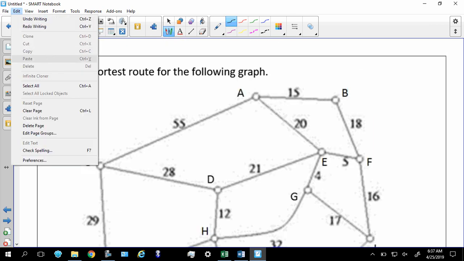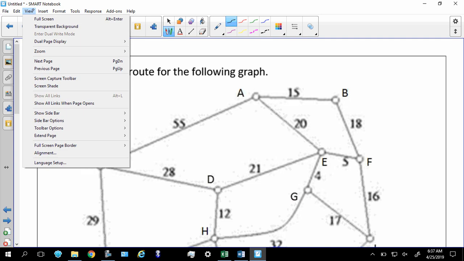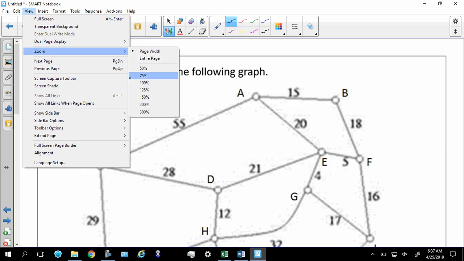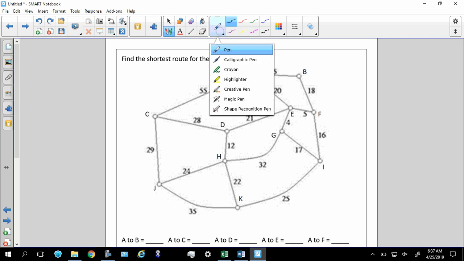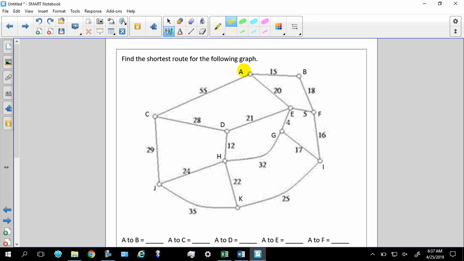The shortest route. All right, I've got to zoom out on this one. All right, so our first one is A to B. So here's A. I've got to highlight that. A, and there's B. I think the shortest route is going to be, let's see, A to B, which is 15.